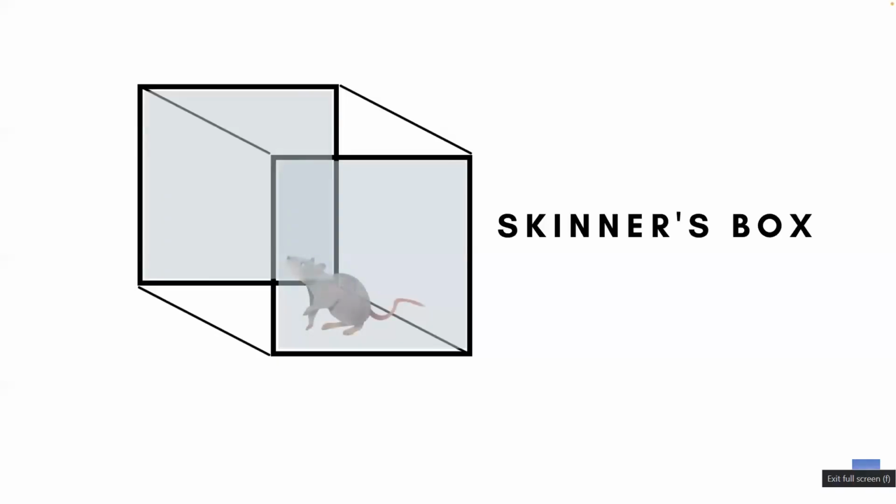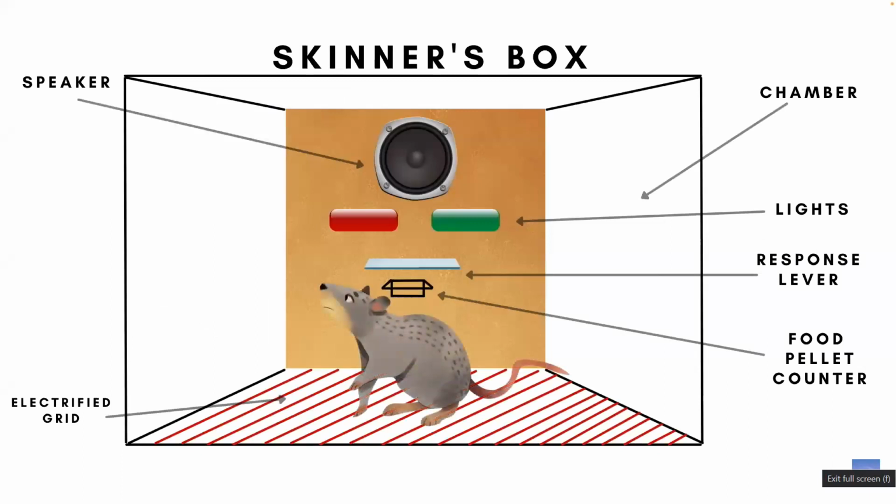A Skinner's box contains various elements that can help a person test the predictions of Skinner's theory. More specifically, a Skinner's box contains a lever for rats or a disc for pigeons that will allow the animal to press or peck them for getting a reward, such as food, via the dispenser.